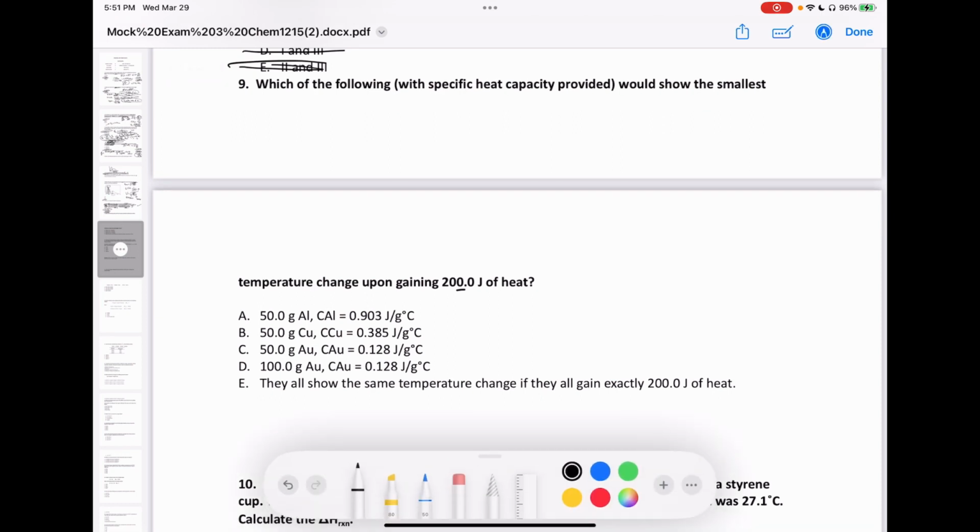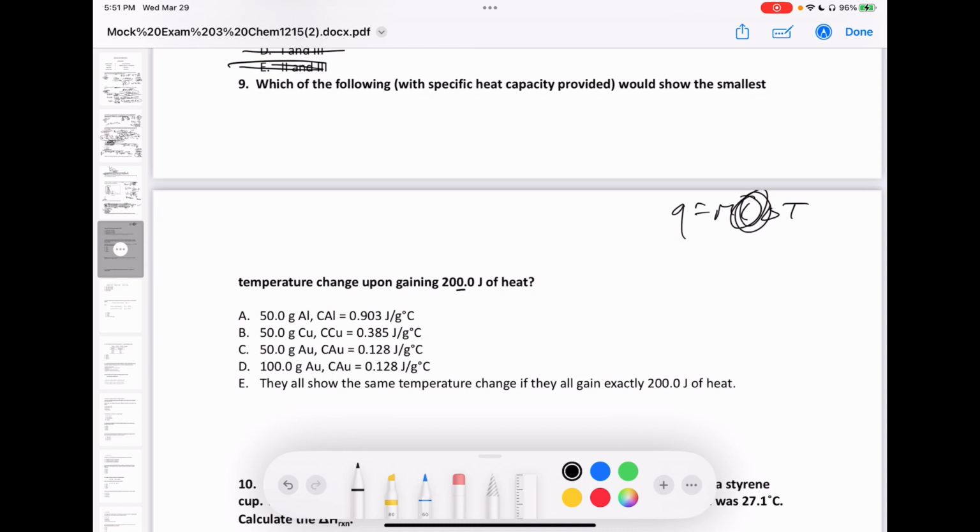Which of the following, with specific heat capacity provided, would show the smallest temperature change upon gaining 200 joules of heat? I think this is on one of our most recent worksheets, and I left feedback on some people's homework. If you're considering Q equals MC delta T, the only thing that's going to change, if you have the same mass and temperature change for all of them, is the specific heat.